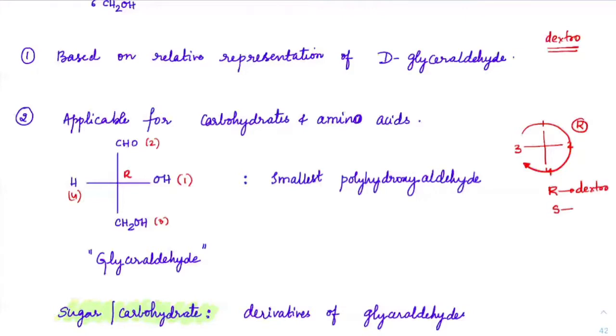S will complement levo rotation, again for single chiral center. Clear? And glyceraldehyde is a single chiral center carbon. So if you check in the polarimeter analyzer, you will see that it will give a positive rotation, which means dextro rotation, correct? So this is a dextro rotating sugar. Clear, everybody? This form is a dextro rotating sugar.